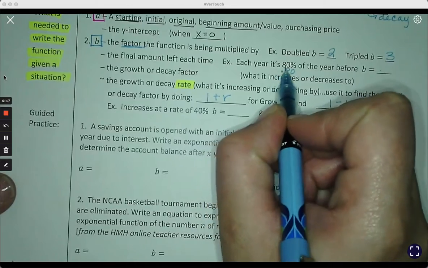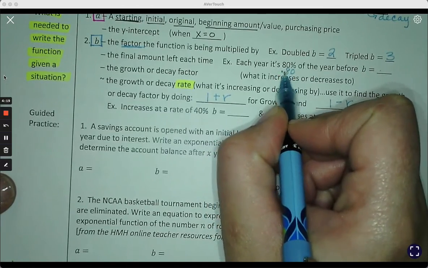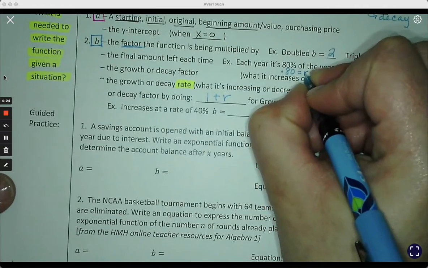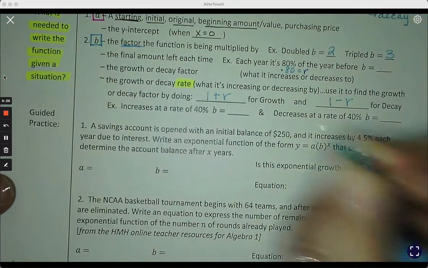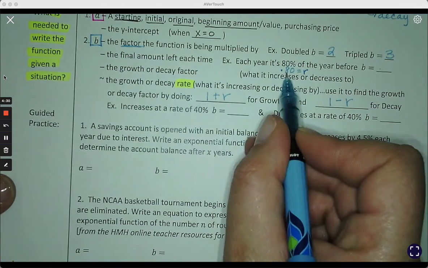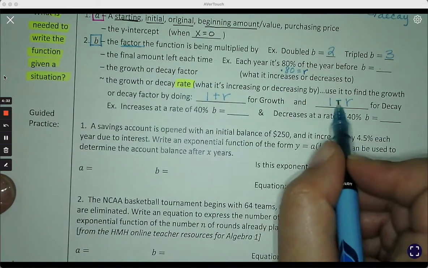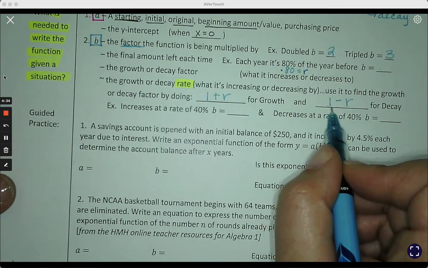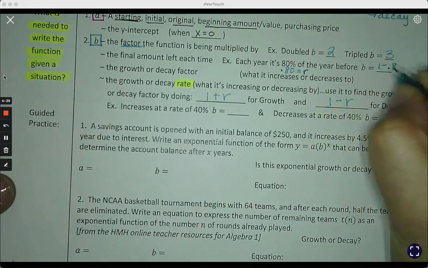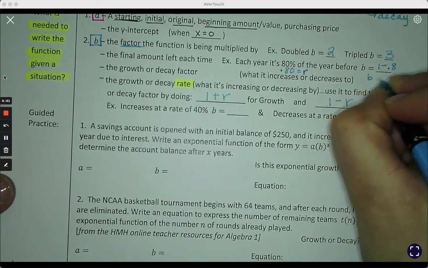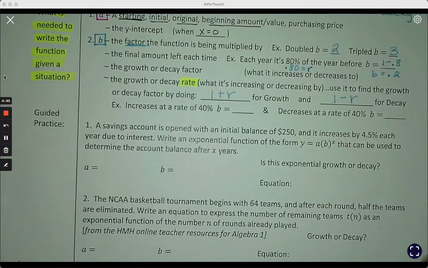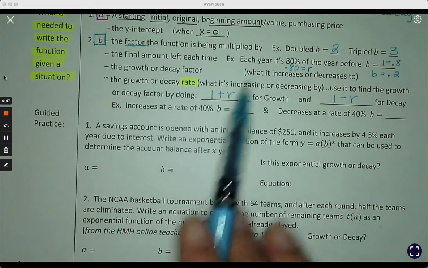If it's 80% of the year before, that means that 0.80 is the rate. It's not the factor. Remember, b is the factor. So if it's 80%, that means we're going down, so we have a decay. So 1 minus 0.8, so b is equal to 0.2. And that's for that example.